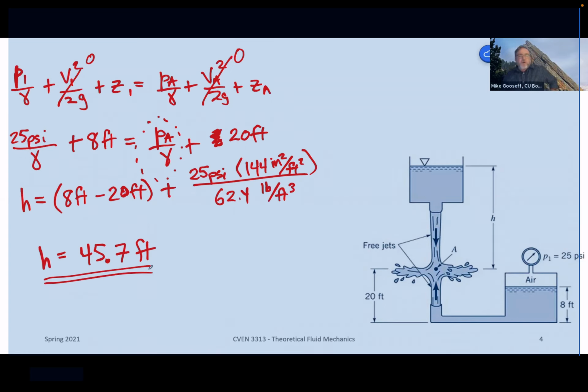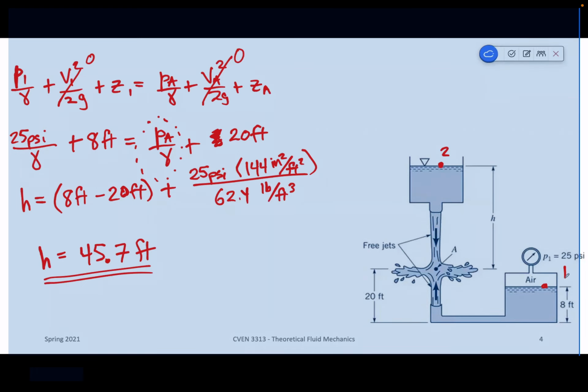I think part of the simplification came from going from 2 to A, which just gave us that H was equal to PA over gamma, which we could then plug into the second relationship for the Bernoulli equation from 1 to A.